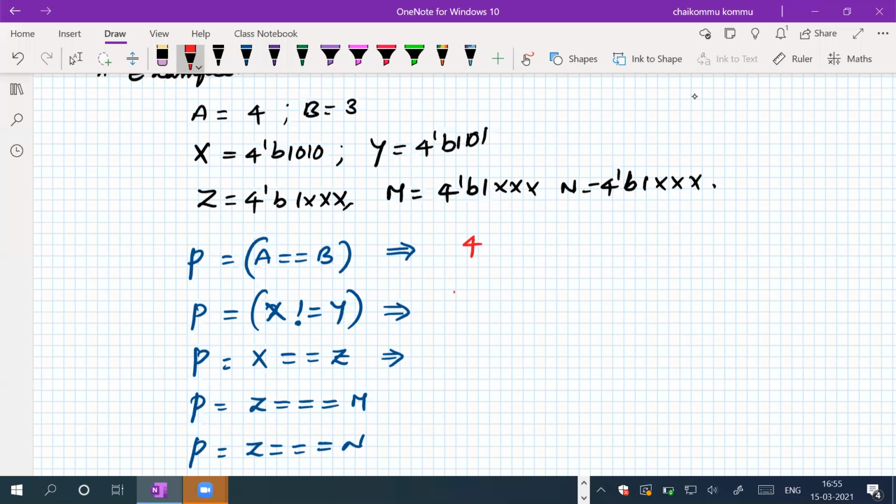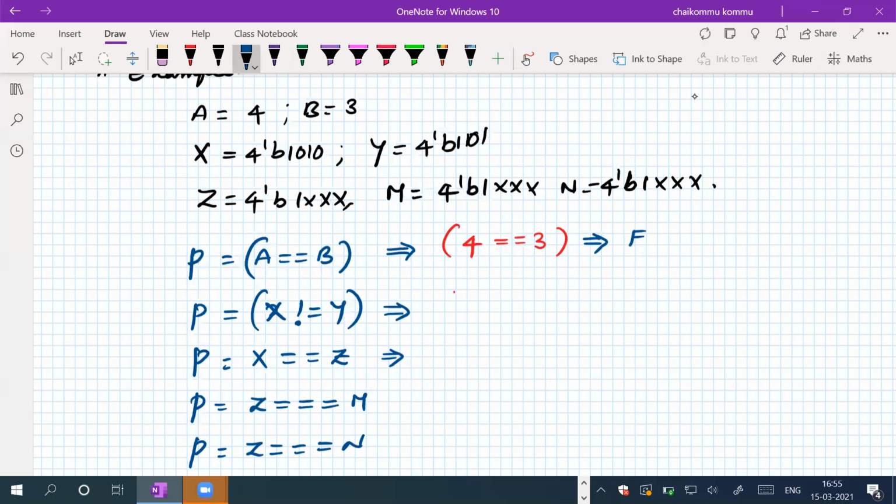Both are not equal, so the values are not at all equal. So value comparison has been done here. Therefore, it is not equal, that means false. Therefore, the output 0 will be assigned to this one.